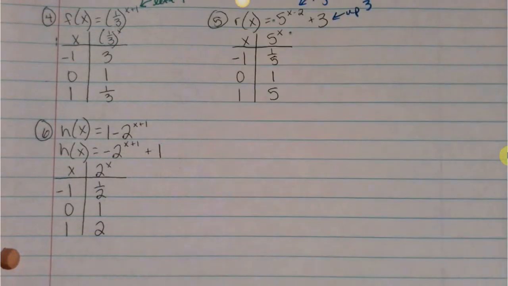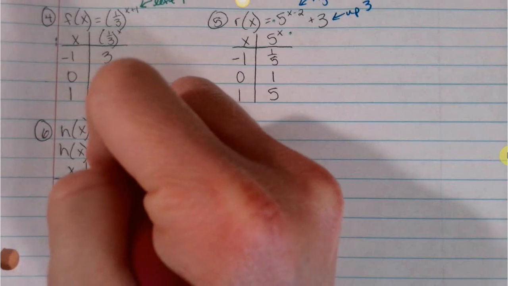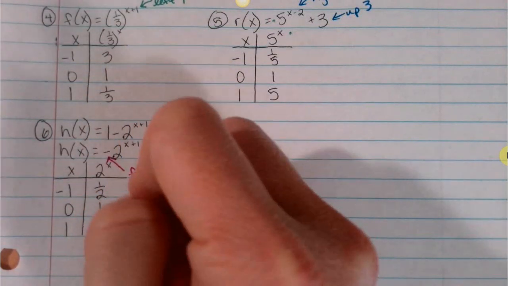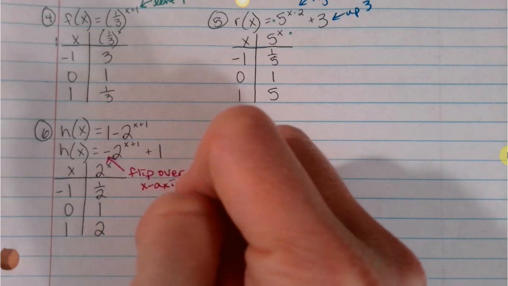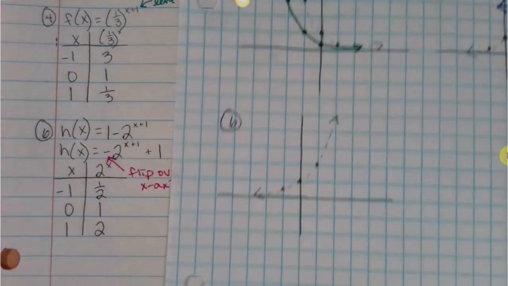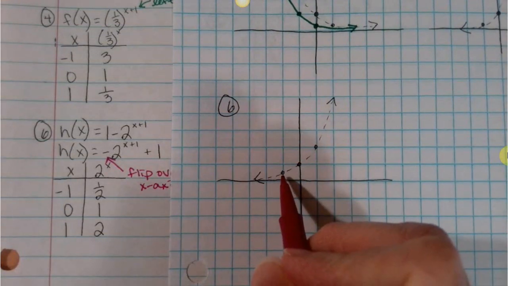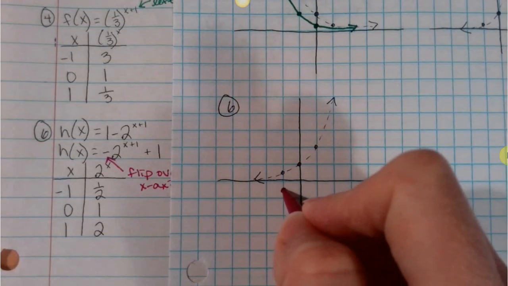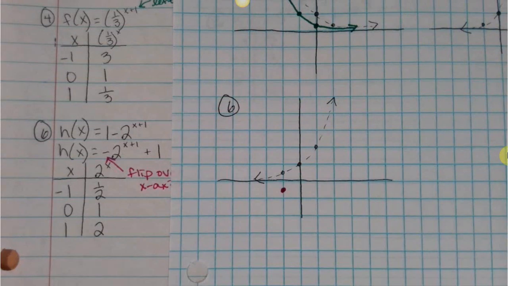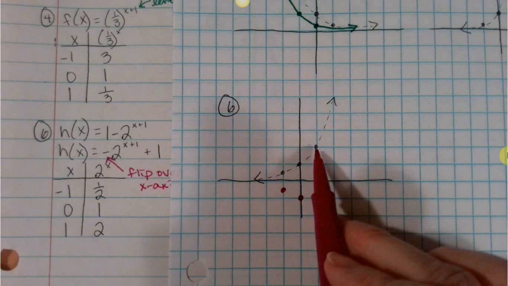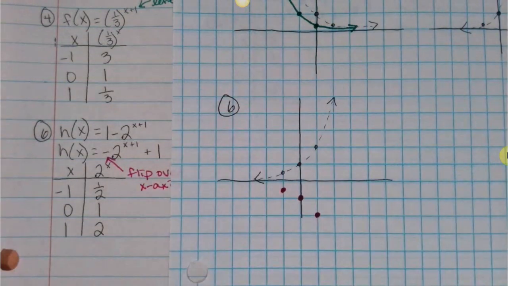And then the transformations that we're working with here, the negative that is in front of the 2, that tells us to flip all of our points over the x-axis. So we'll start with that. So that's going to bring this point from a y value of positive 1/2 to a y value of negative 1/2. y equals positive 1 would go to y equals negative 1, and y equals positive 2 would go to y equals negative 2.